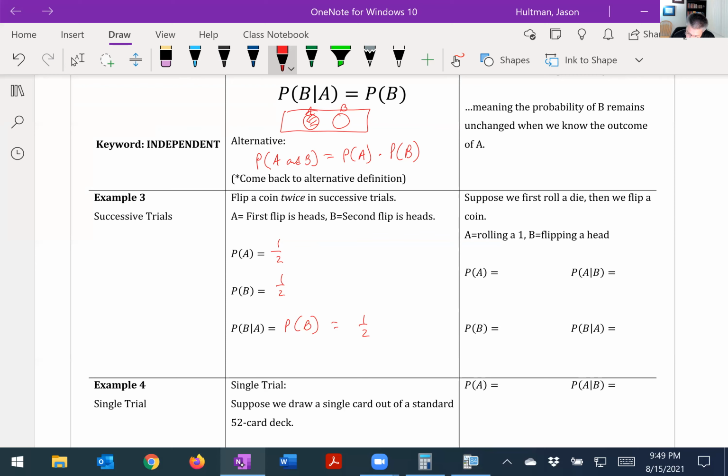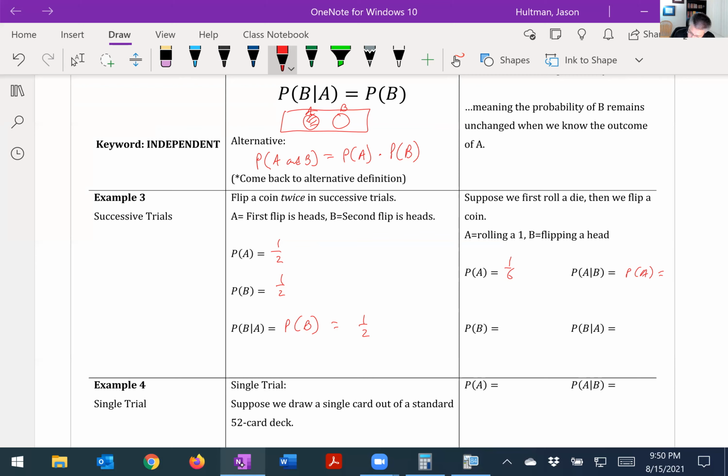Suppose we roll a die, then we flip a coin. Probability of rolling a 1 and flipping heads. A is the probability of rolling 1. Well, that's 1/6. What's the probability of getting A given that B occurred? Well, that's just the probability of A. It doesn't matter. Again, these are two independent events. They don't affect each other.